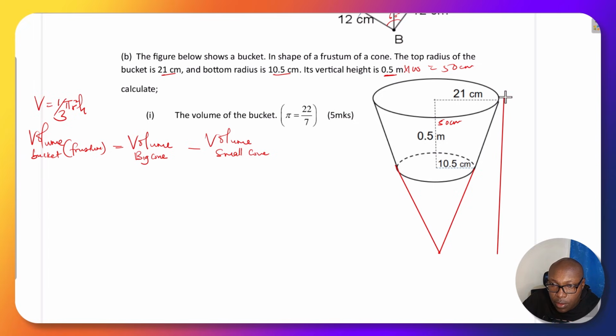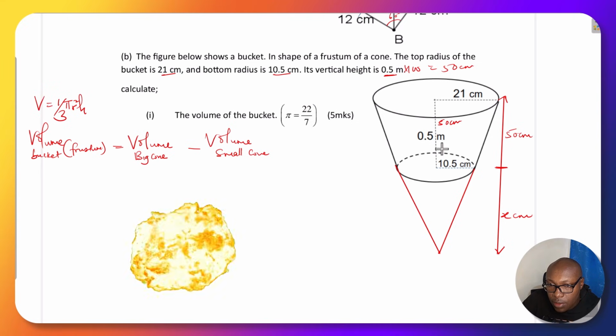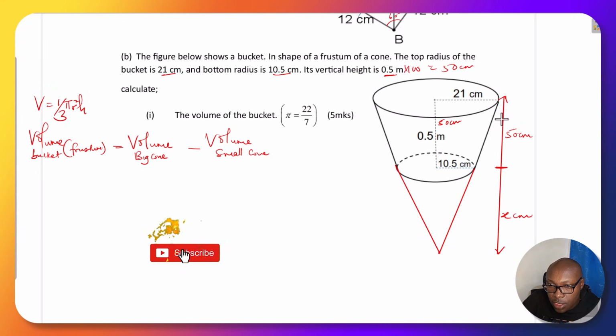The height of the bigger one runs from that point to that point, and since we have the distance up to this point, this one is 50 centimeters, so we have 50 centimeters, that is the height of the first term.